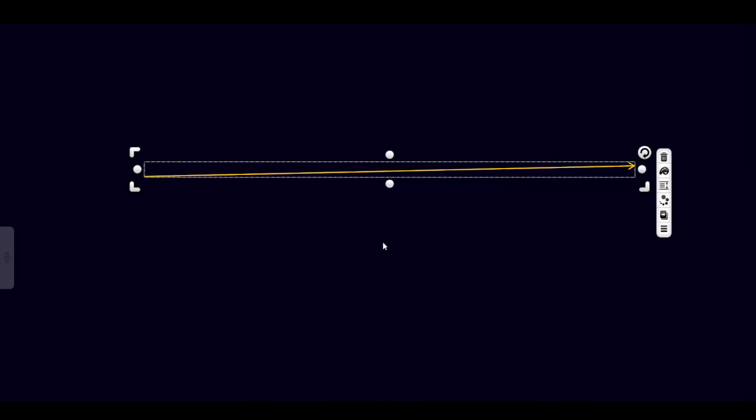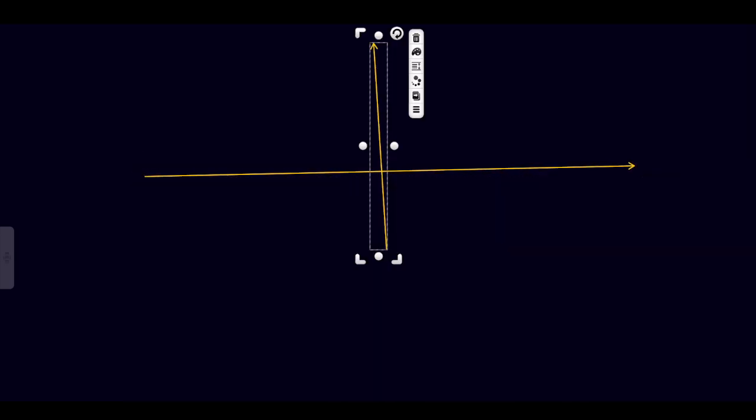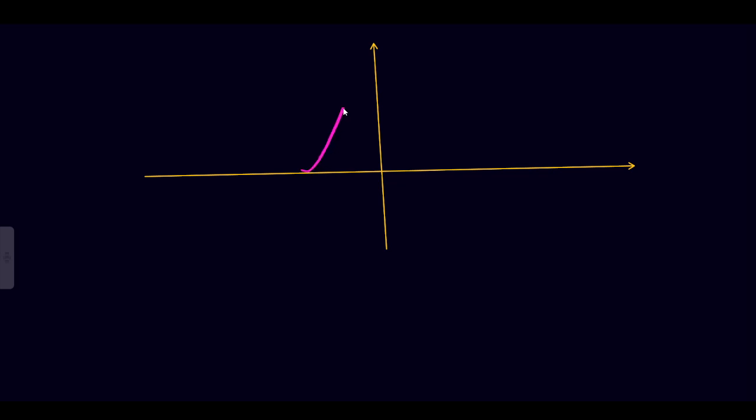In case of diffraction, the intensity variation is like this. The central maximum intensity is high, and the remaining intensities go on decreasing like this.